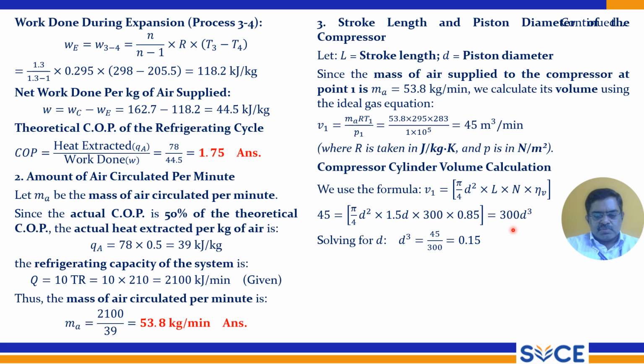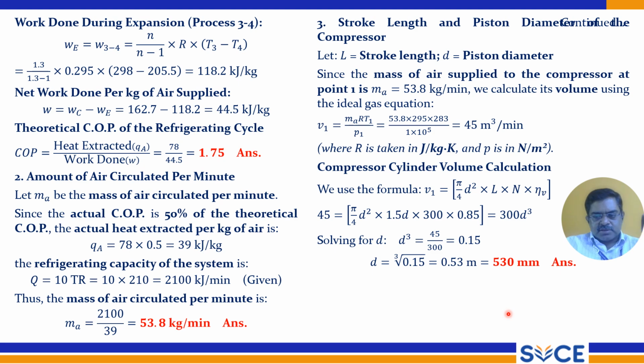If we solve, D cube equal to 45 divided by 300, that is 0.15. So now D can be computed, and this is 0.53 meters. In terms of millimeters, it is 530 millimeters.